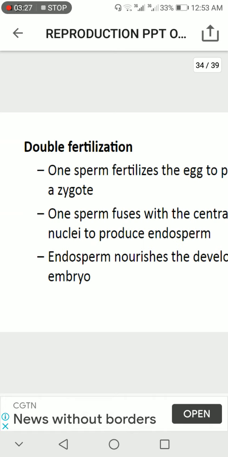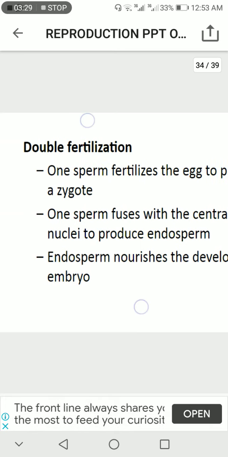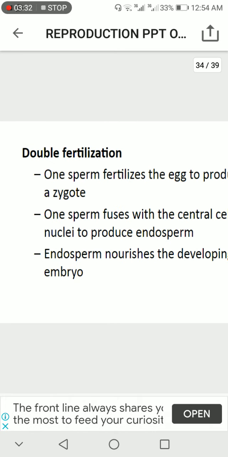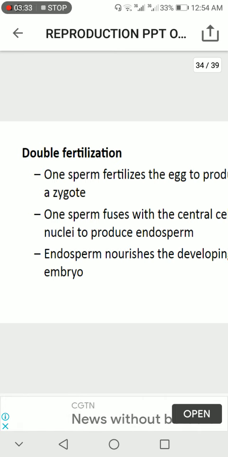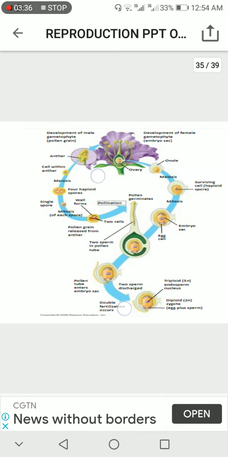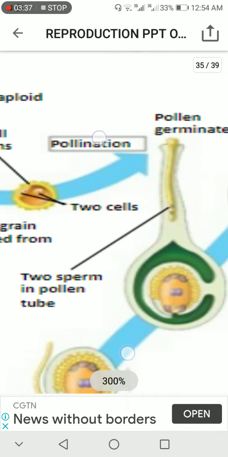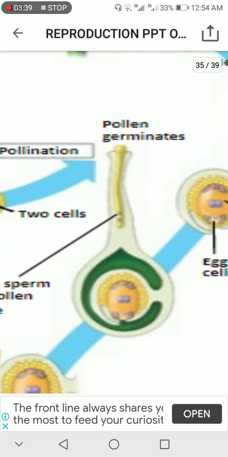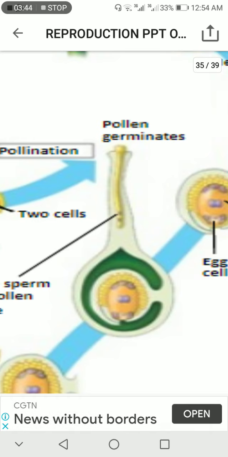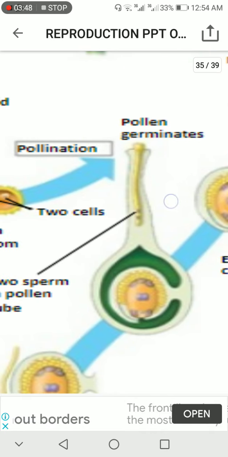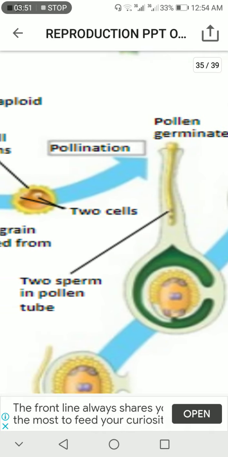When we talk about the pollen grain, it falls on the surface of the stigma. You can see here the pollen falls as a result of pollination. It is transferred to the stigma of the ovary. As it falls on the surface, it is going to grow a pollen tube.